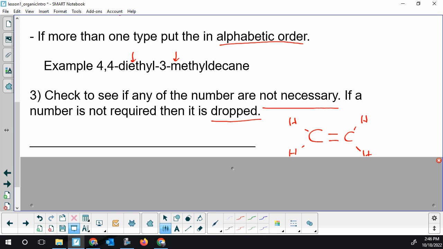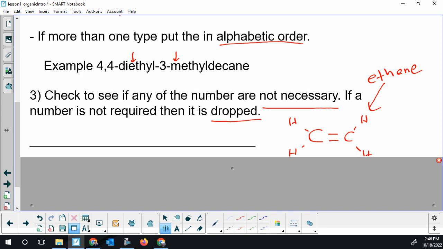And if you followed all the rules except number 3, you'd call it eth-1-ene. But you can't have an eth-2-ene. There isn't even a second carbon-carbon bond. So IUPAC says don't bother putting the number in because it's not necessary. There's no other possible number. So the correct name for that is just ethene. Something you have to watch out for.